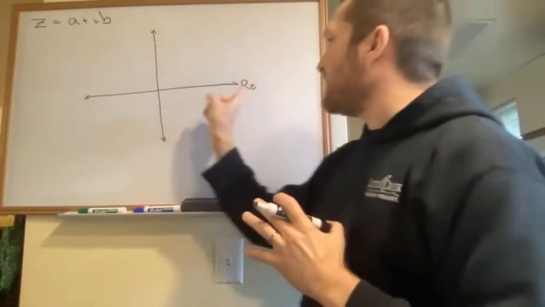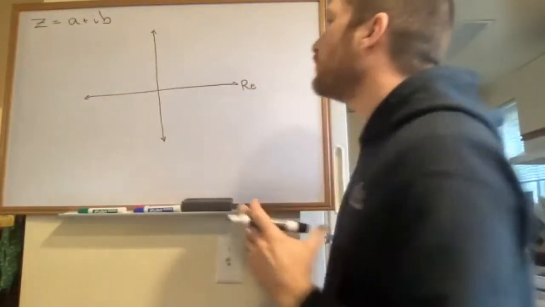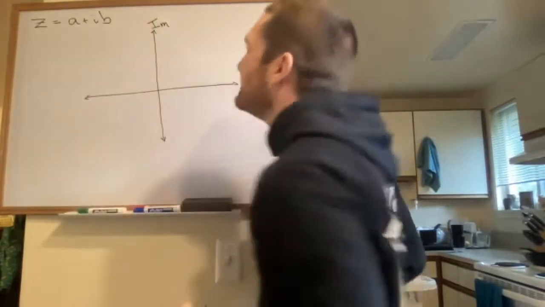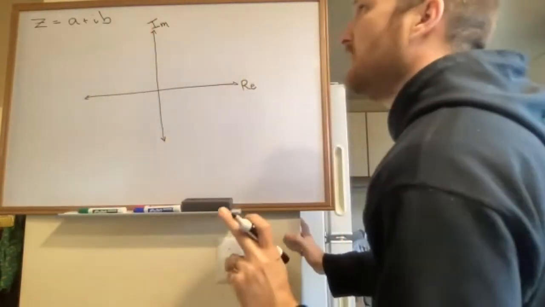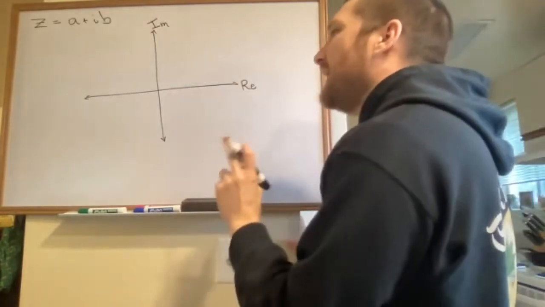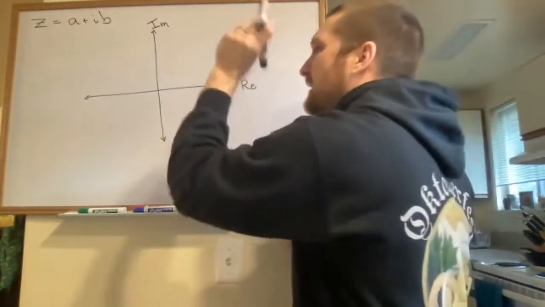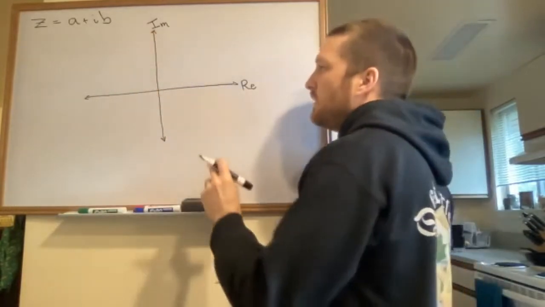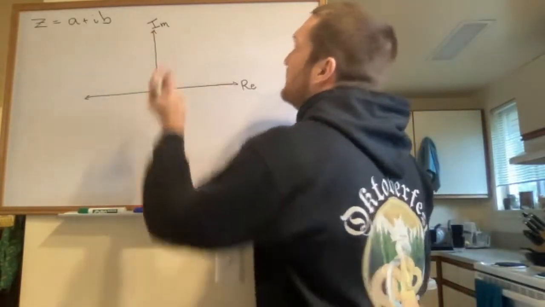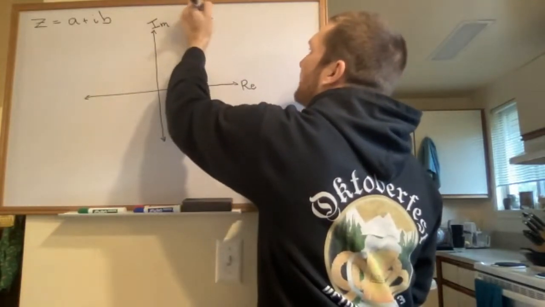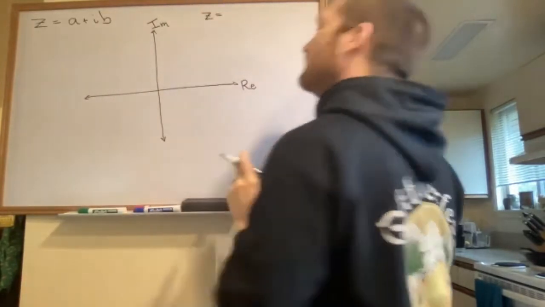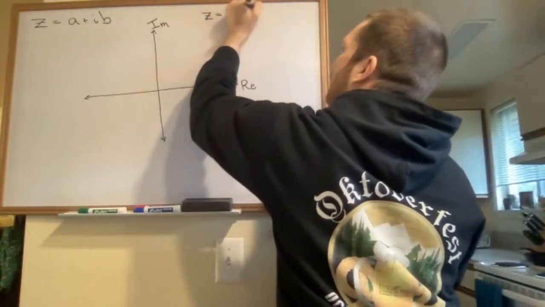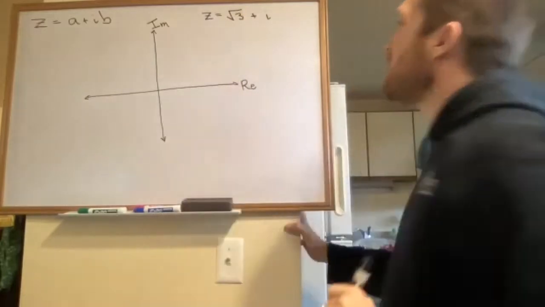We could say that this horizontal axis is the real axis. And we could say that this vertical axis is the imaginary axis. And given any complex number, a plus ib, we could graph this thing somewhere. And so, for instance, let's call it z equals, let's do the square root of 3 plus i.